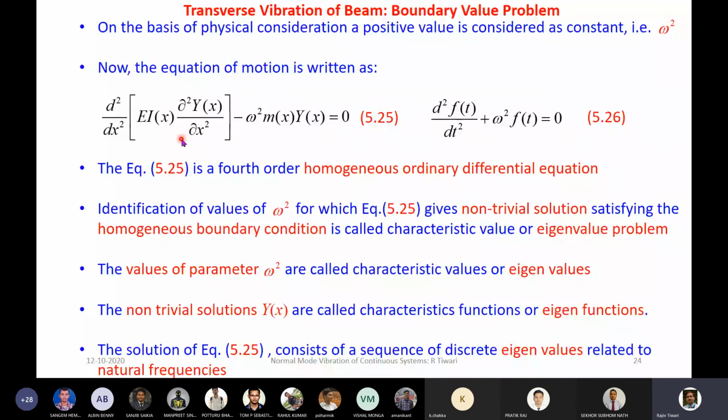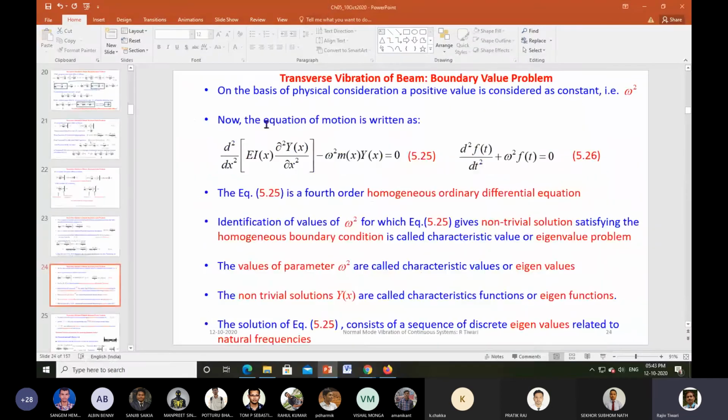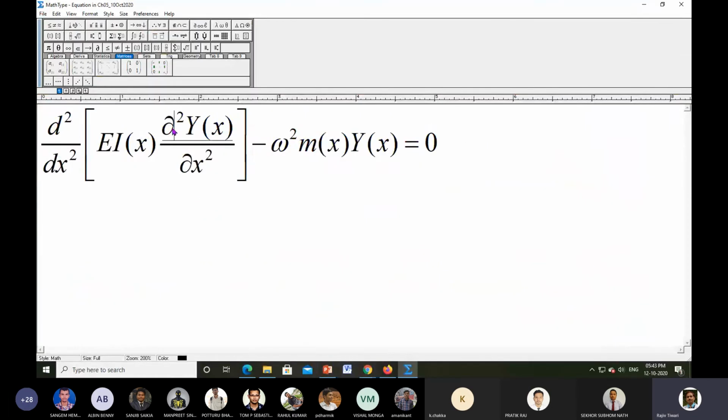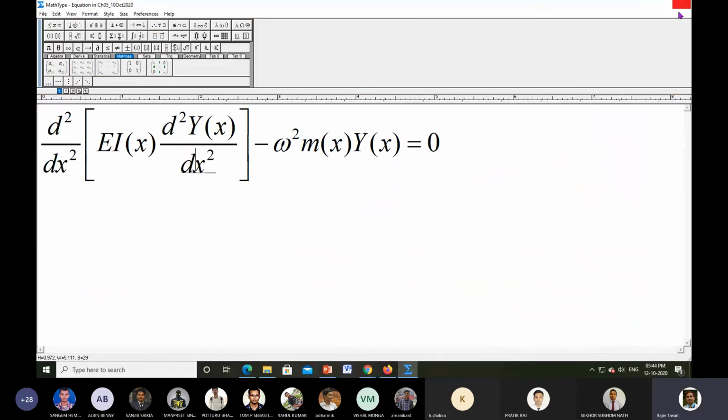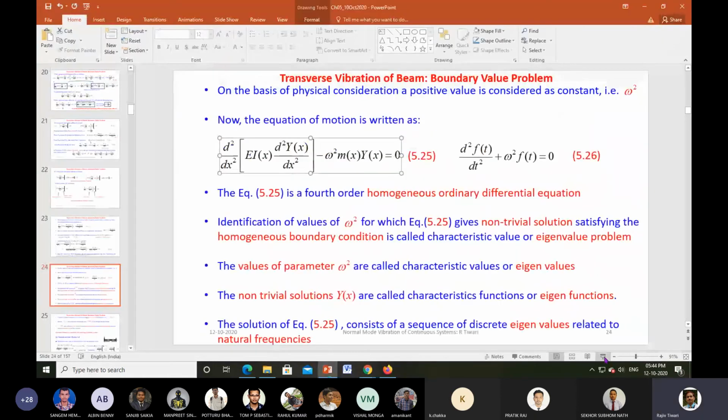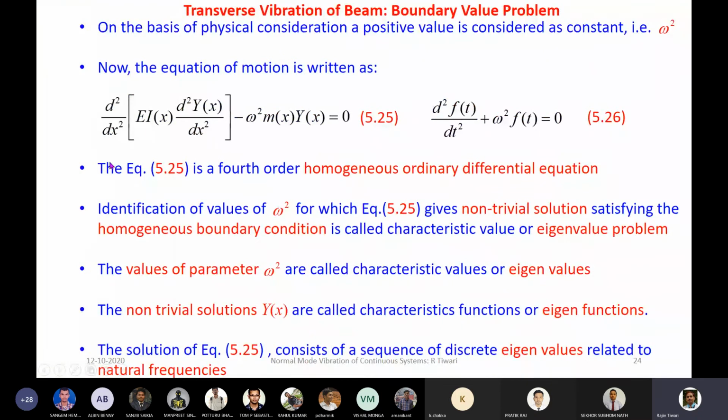Now this is no more a partial differential equation. This is a differential equation of fourth order, an ordinary differential equation now.